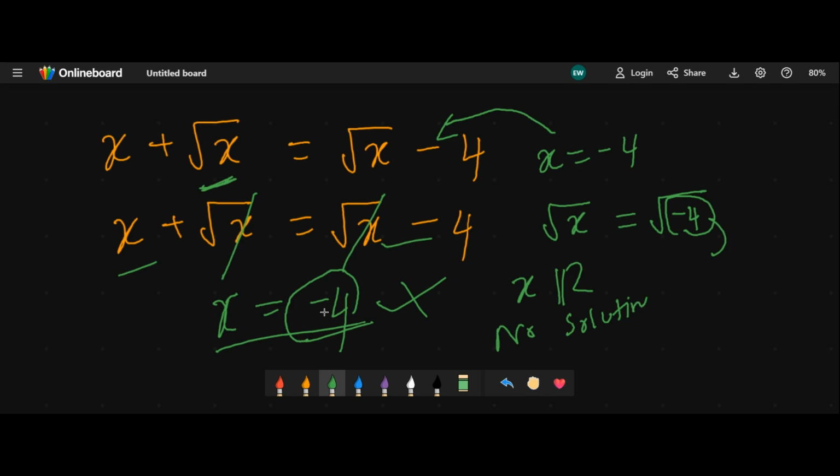So what has happened here is that before cancelling a variable or number, we should always consider the environment of the equation. It means we should consider the domain. So what is the domain? The domain is x needs to be greater than or equal to 0. We should always consider the domain because x cannot be negative, since there is a square root in the equation.